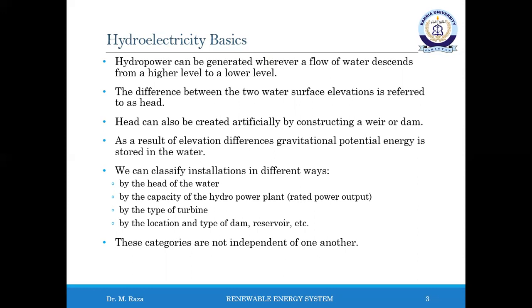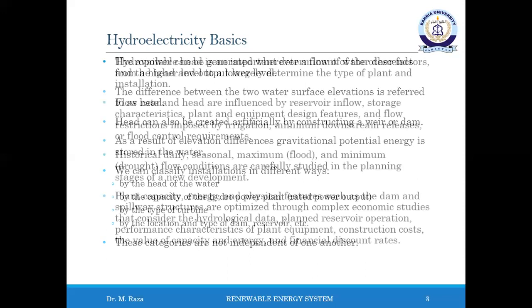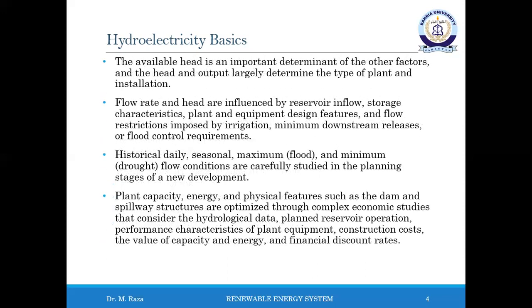Hydropower can also be classified by the type of the turbine and by the location and type of the dam or reservoir, etc. These categories are not independent of one another. The available head is an important determinant of the other factors, and the head and output largely determine the type of the plant and installation.